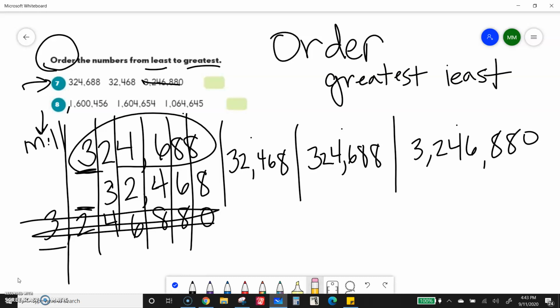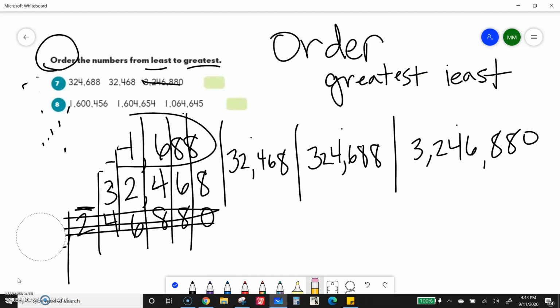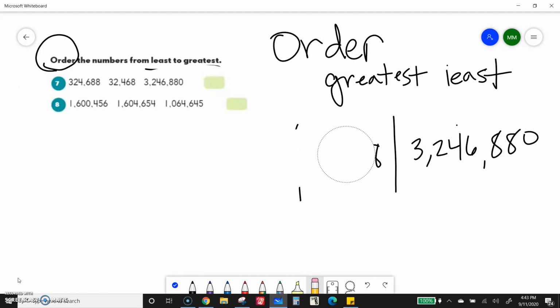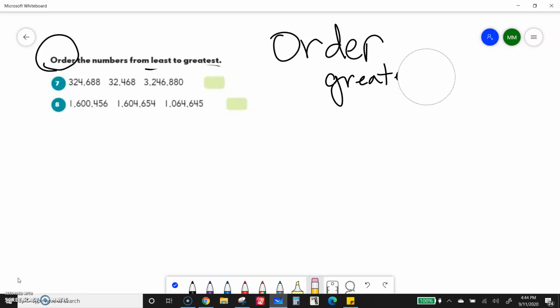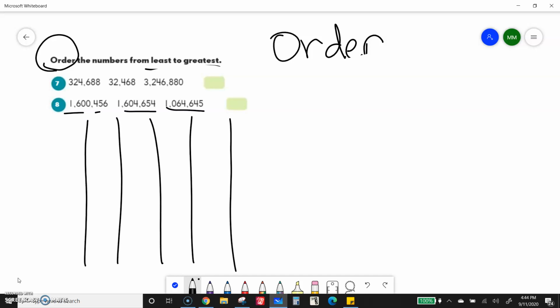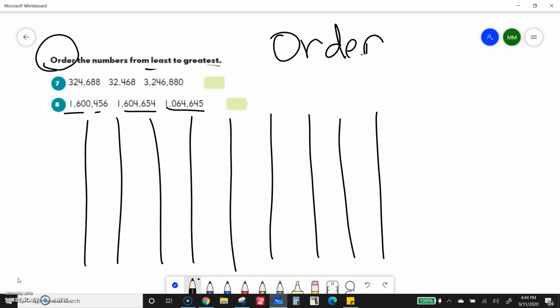Let me go ahead and just erase this so we can do the second example. Alrighty. So we have these three numbers. Now, they all have 1 million. So that's what I'm talking about, how it can be helpful to write them. I'm going to draw these lines. You can draw lines if you don't have a notebook, but I would highly recommend writing it on your notebook paper.